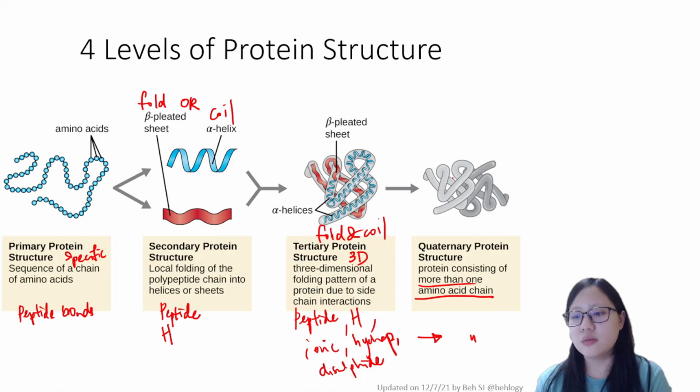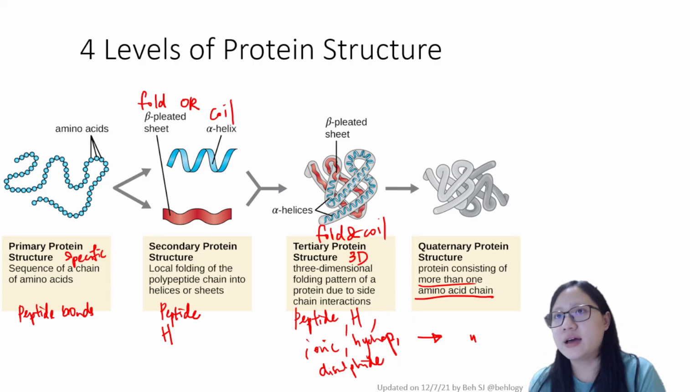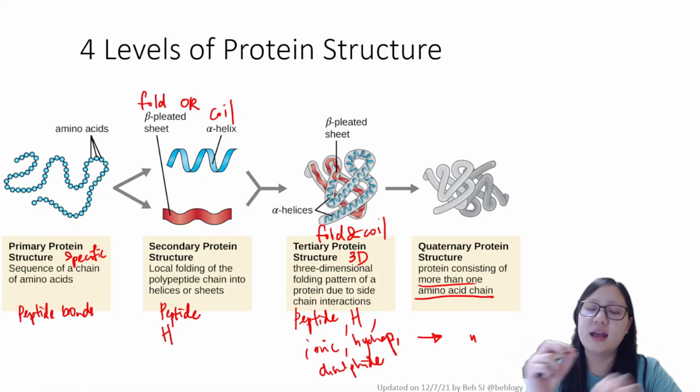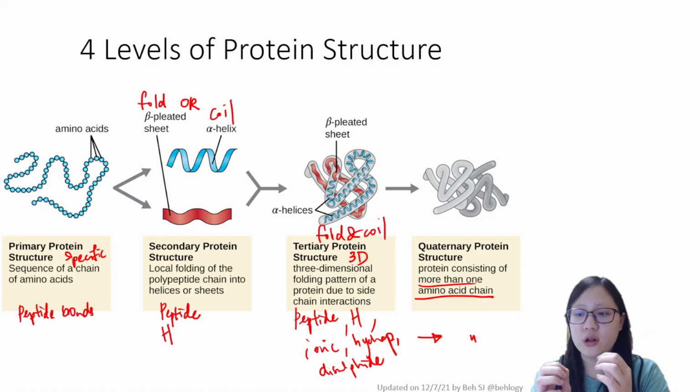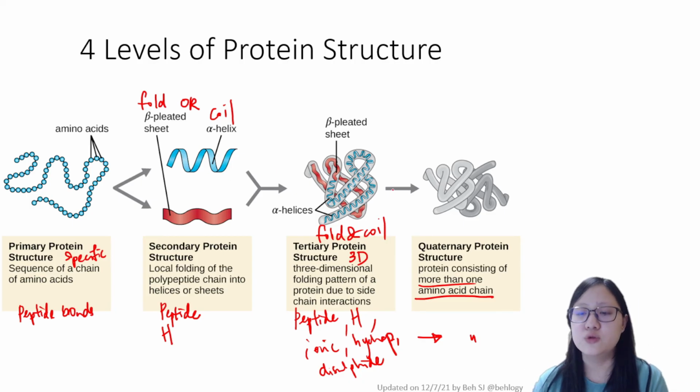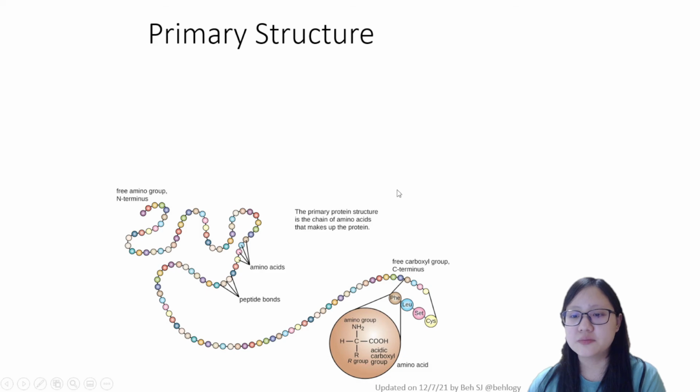Before we move on and look at each level in more detail, I just want to say that polypeptides are made as a linear chain first, and then later on coil and form into the specific structure. Different proteins would have different levels of structure. We'll do a few examples in a moment.